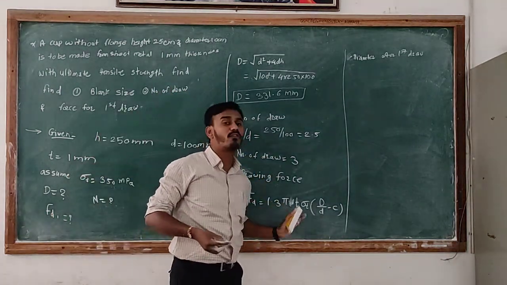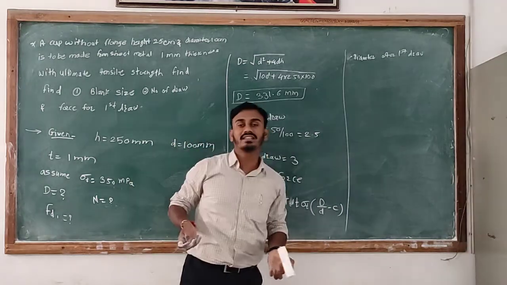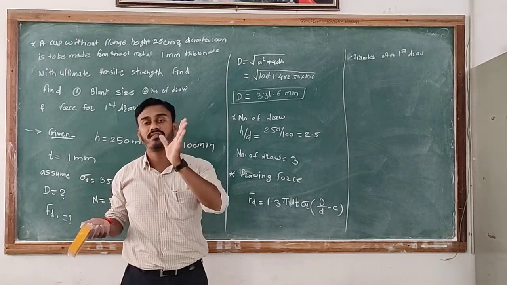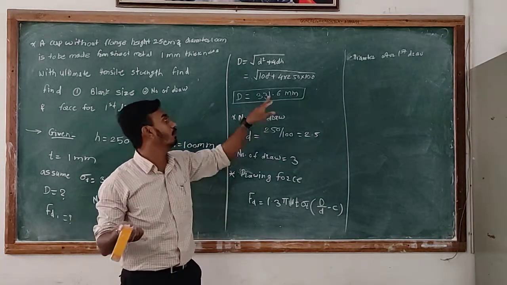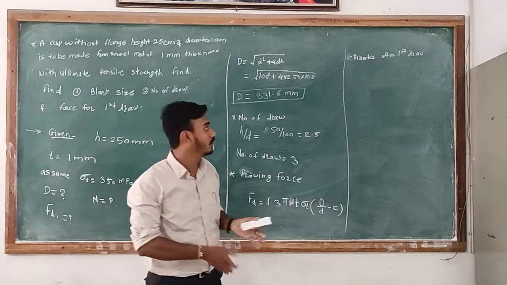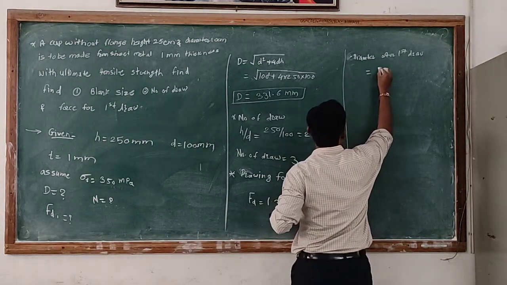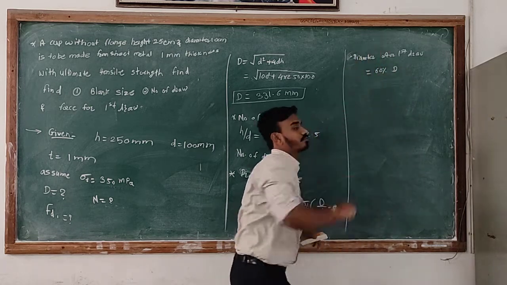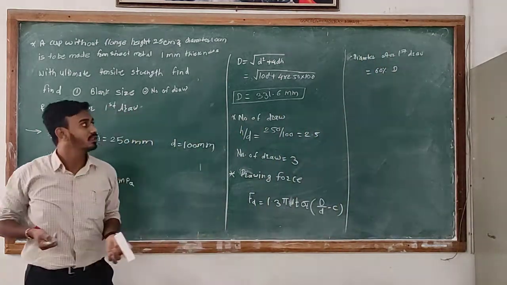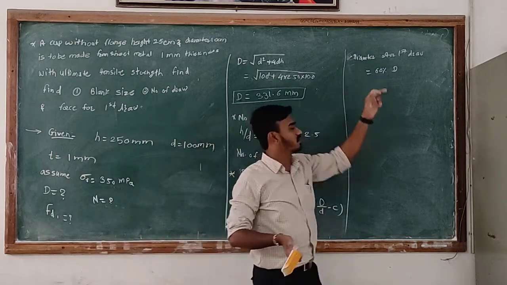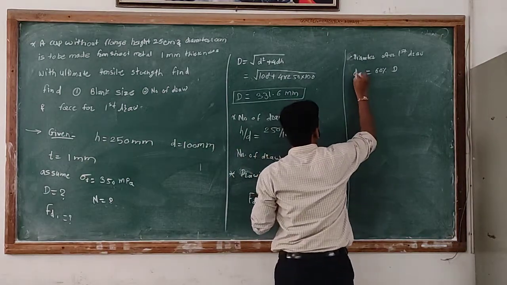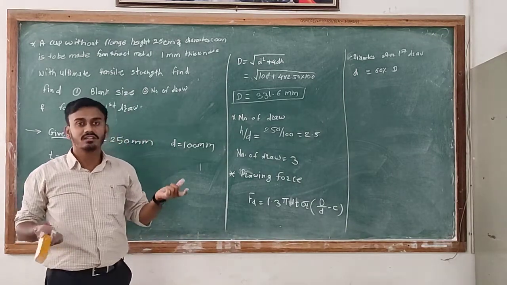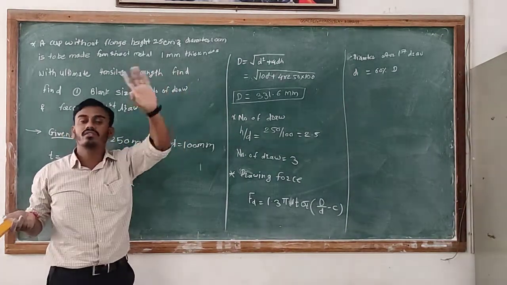For 40% reduction, the diameter of the blank after the first draw is 60% of the blank diameter, so it is 60% of capital D. The diameter after the first draw we will take as small d1, where 1 is for the first draw.